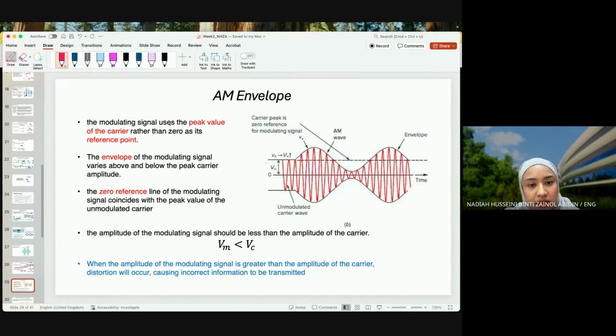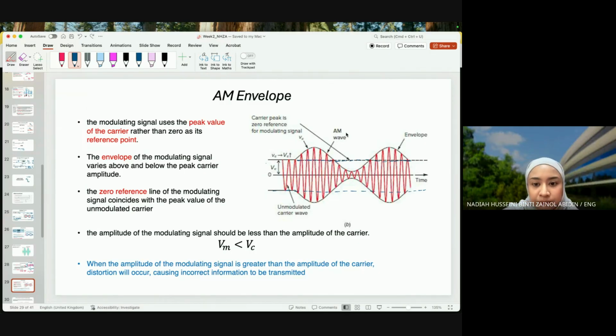So the modulating signal uses the peak value of the carrier rather than 0 as its reference point. This is your initial carrier. Remember?